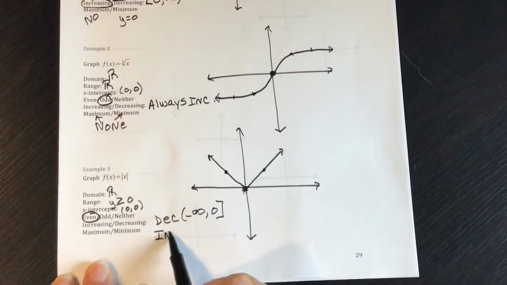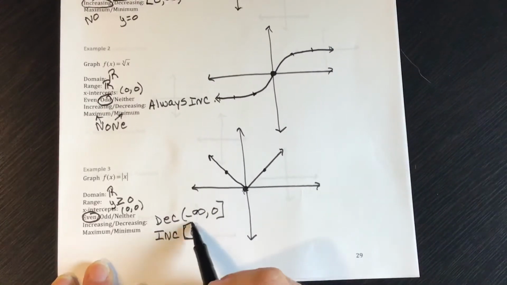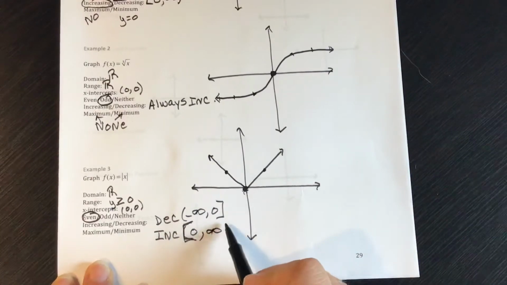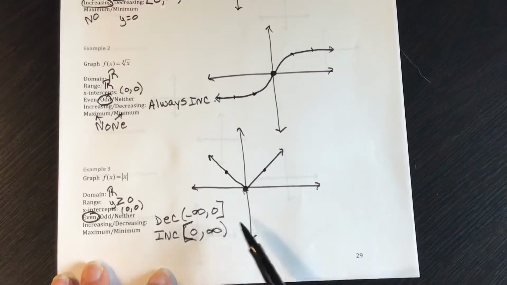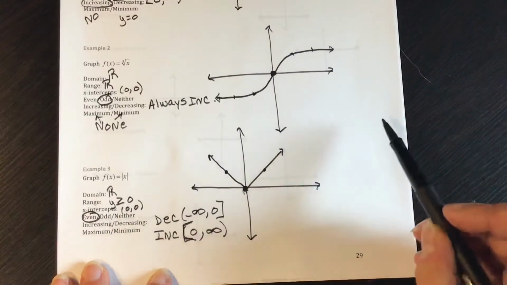So the function is increasing from 0, and it includes 0, to +infinity. The reason I don't put a bracket around the infinities is because you don't have an ending point. It keeps going on and on and on.